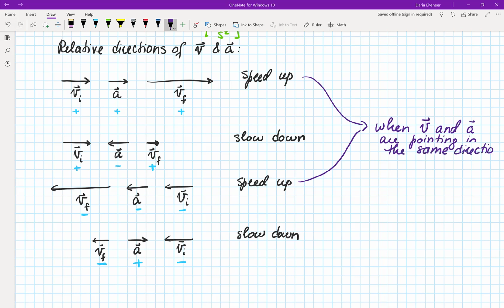So it's obviously very important to understand what that direction is, and for that we definitely need vector description. When an object is slowing down, that happens when the velocity vector and acceleration vector are pointing in the opposite direction.